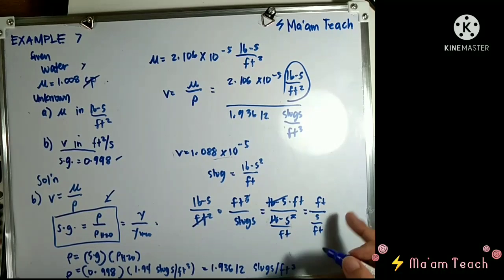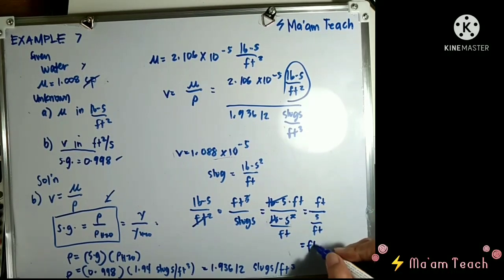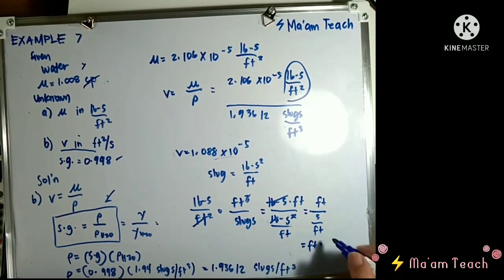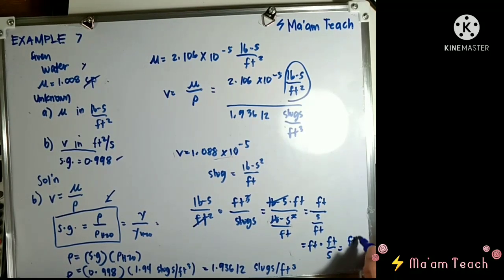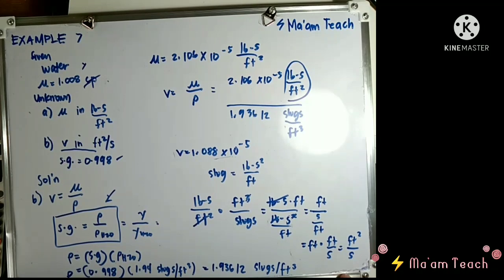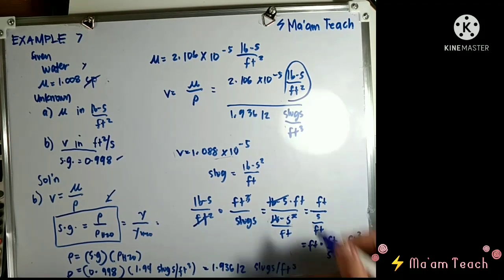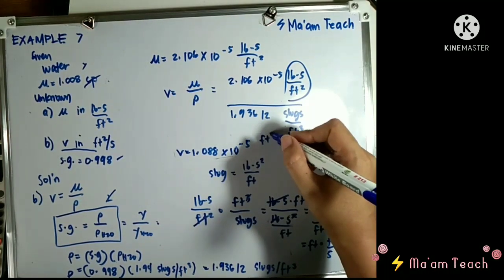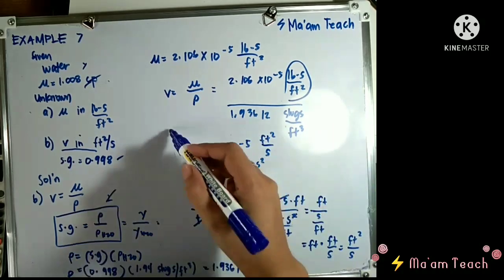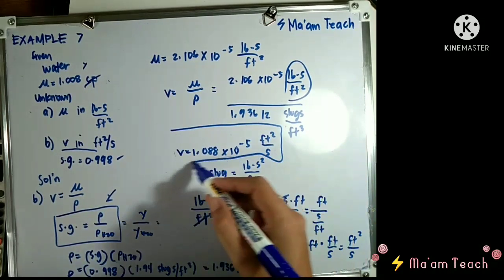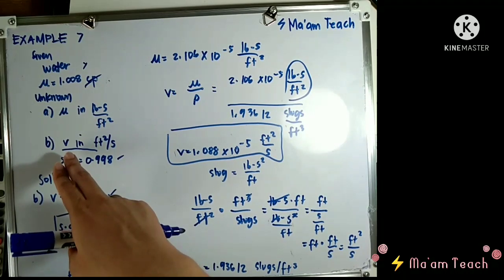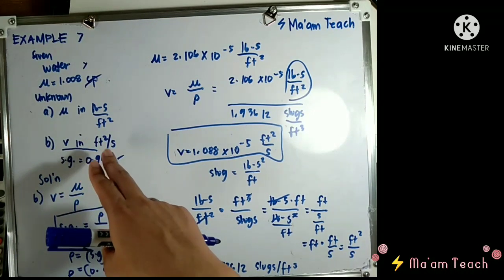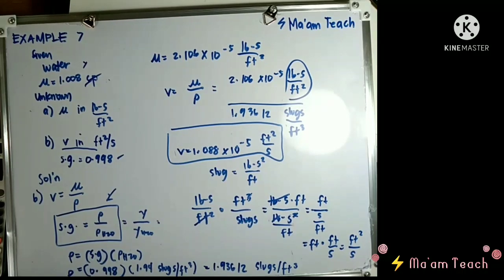So from that, feet times the reciprocal of this, feet over second, which is equivalent to square foot over second. So this will be, class, the unit of your kinematic viscosity. As you can see, this is our answer for letter B: your kinematic viscosity should be in square foot per second. Okay, kindly screenshot.